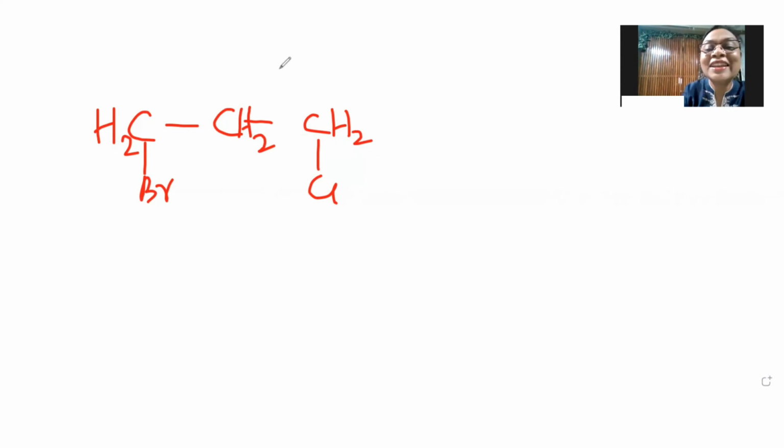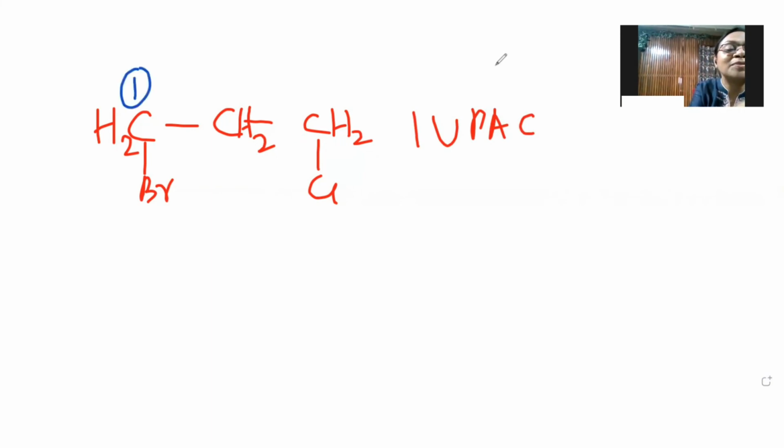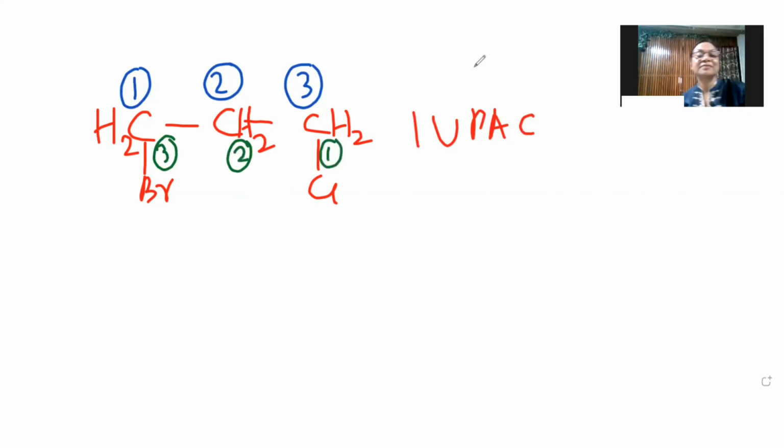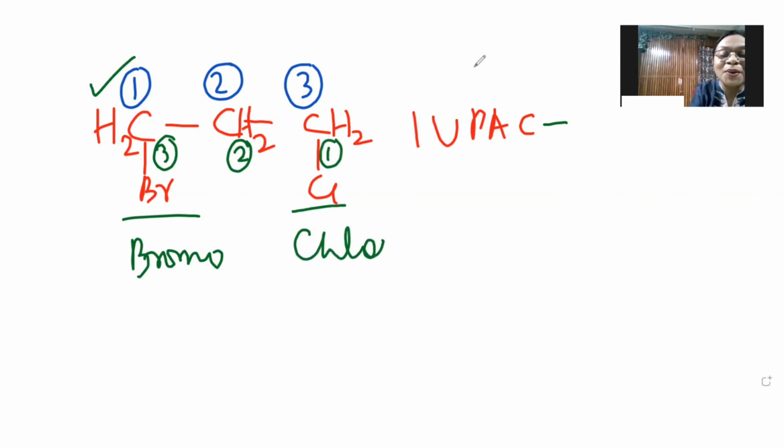Okay, forget that. Let's go to the IUPAC name of this compound. Which way should you number the dihalide? Is it from this, left to right, or is it right to left? Okay, 1 minute, 1 second over. The blue one is correct. Why? Because alphabetically, bromo comes prior to chloro.